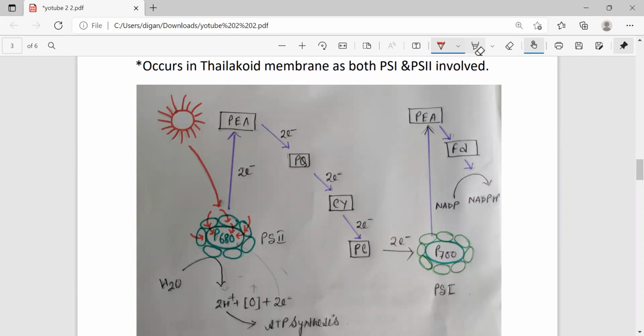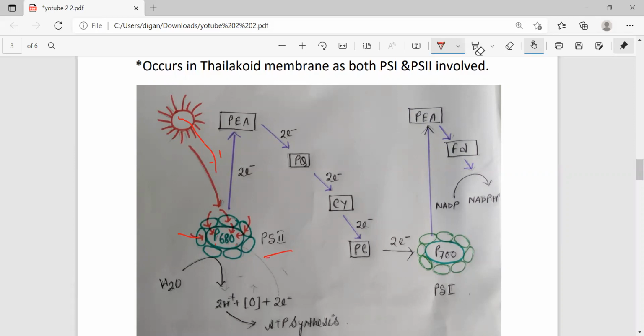So first, photons come from sunlight and they are absorbed by, look, this antenna pigment. Then the energy is transferred to chlorophyll A, the reaction center, and here the reaction center is P680. That's why this is known as photosystem 2, since here the light absorption of chlorophyll A is maximum at the 680 wavelength.